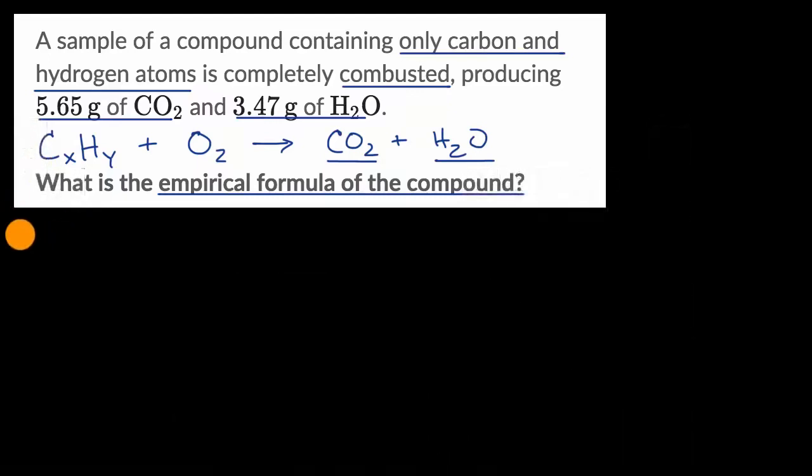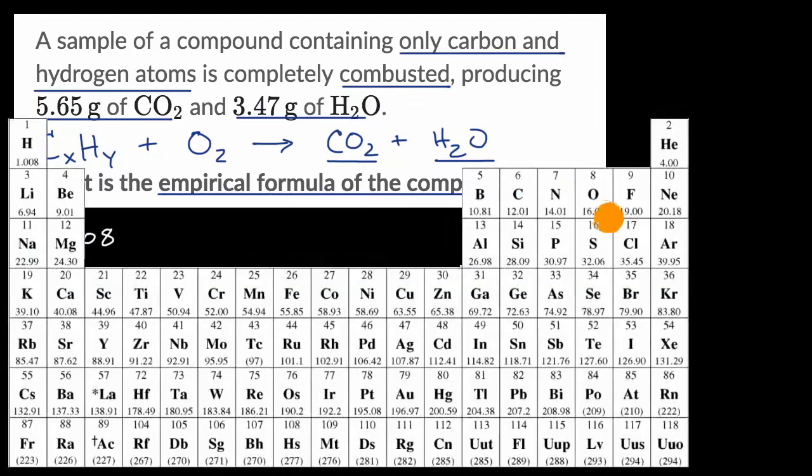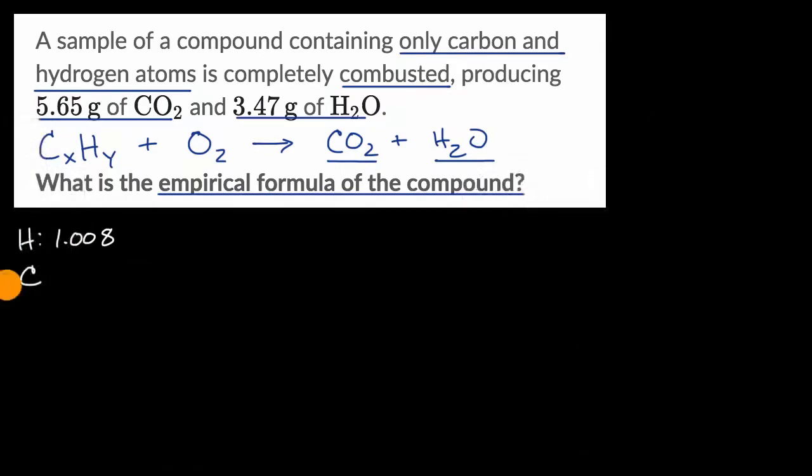So we have hydrogen at 1.008, and then we have carbon, and carbon is at 12.01. And we could also think about them in terms of molar masses. We could say this is grams per mole.